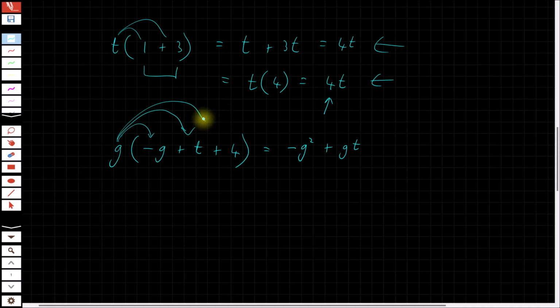And the last one, g times a positive 4 will give a positive 4g. And just note, we said it before, but we put the number before the variable.